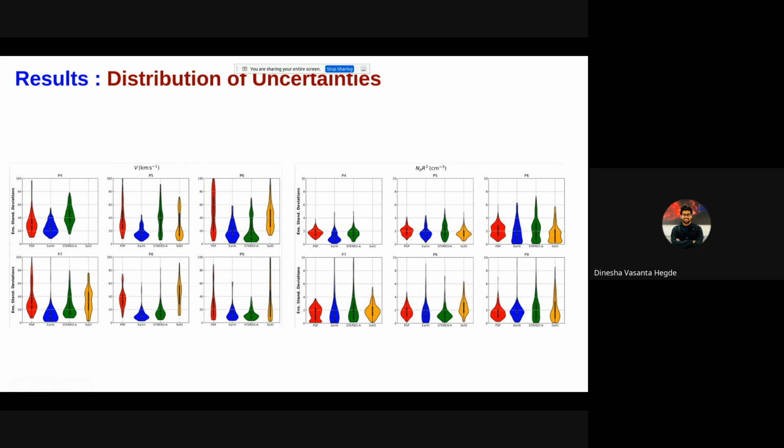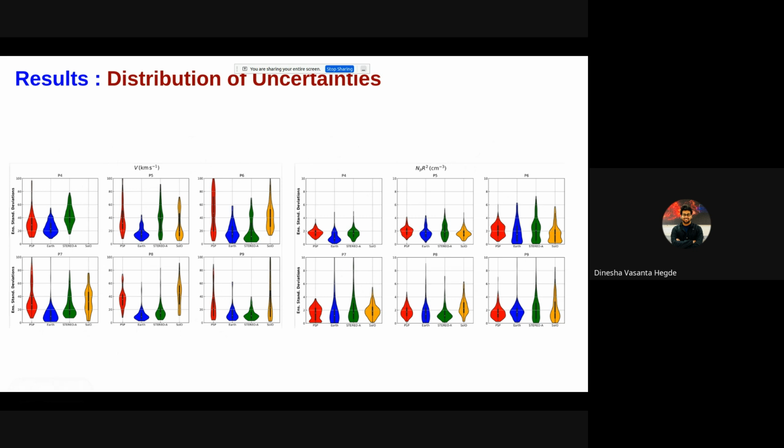The last result is about the distribution of uncertainty. We know that the photospheric uncertainty is coming from the far side and the polar regions, but how is this uncertainty distributed after it propagates to the inner heliosphere? To do that, we plotted the ensemble standard deviation for each variable for different encounters I validated for different spacecraft, as a Venn diagram.